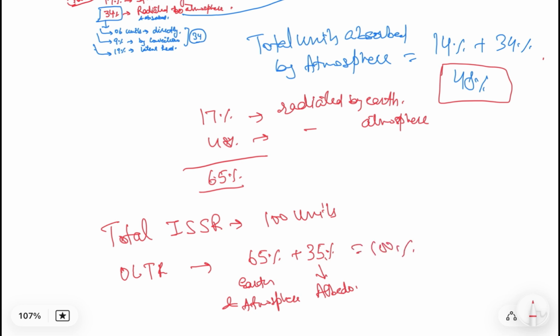So now what we have concluded is the amount of the incoming short solar radiation is equal to the outgoing long terrestrial radiation.